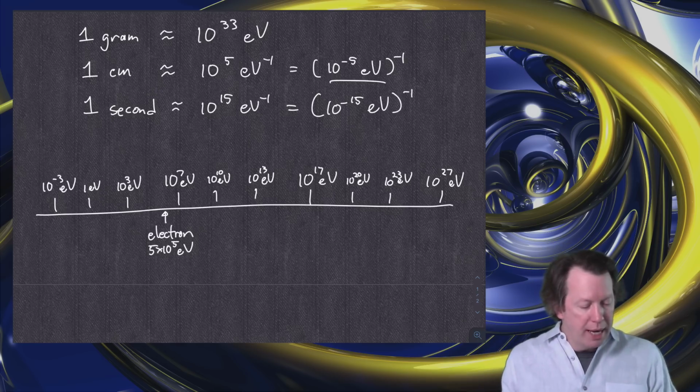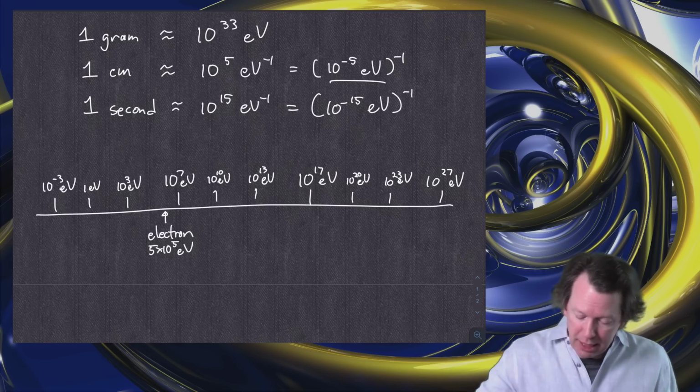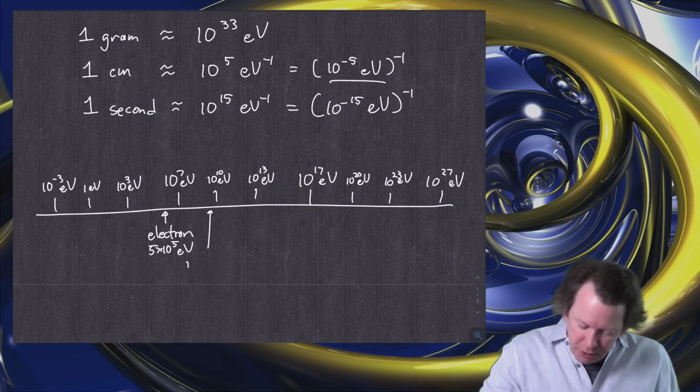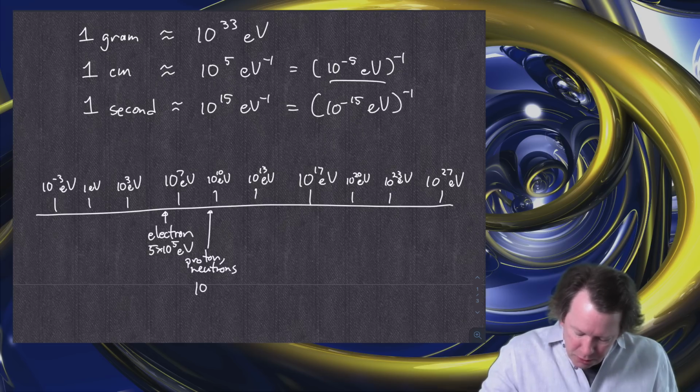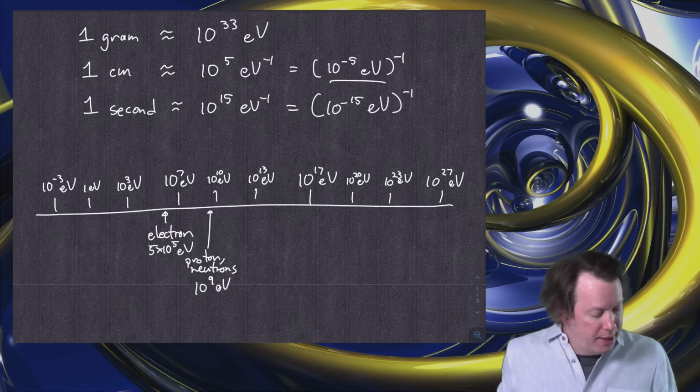Whereas protons and neutrons are about 1 GeV, about 1 billion electron volts. So that's here. This is protons, neutrons, and that's 10 to the 9 electron volts, 1 GeV, 1 giga electron volt.